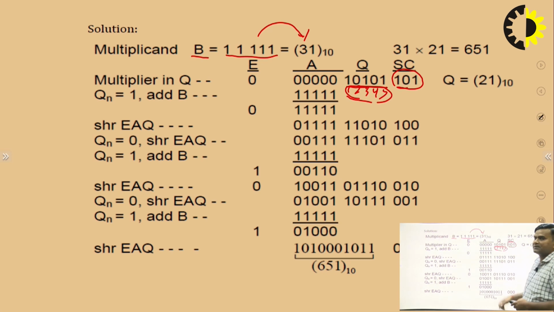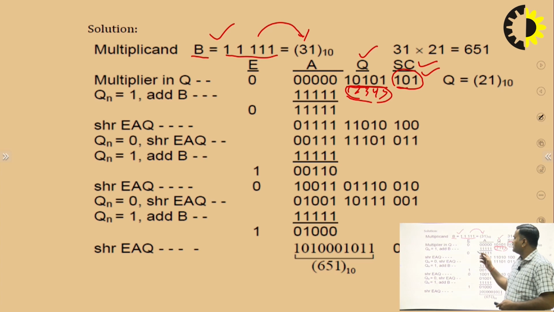So we set the sequence counter to 5, and we represent 5 in binary form, that is 101. So we set the multiplicand in the B register, the multiplier in the Q register, and the sequence counter 5, that is 101. Initially, if we see the flow chart, A is cleared to 0 and E is also cleared to 0.